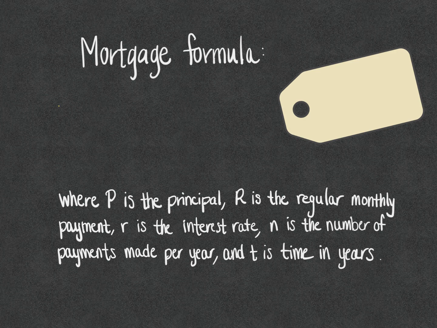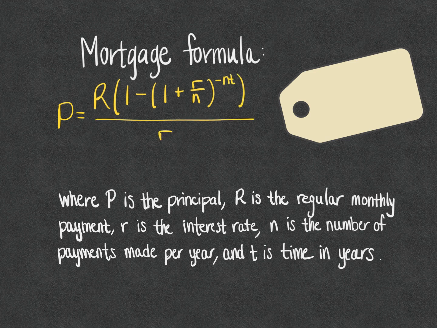So it is the principal, the amount you are borrowing, equals a capital R, which represents the regular monthly payment instead of a W, which represents a withdrawal, but it's the same formula, times 1 minus the quantity 1 plus R over N to the negative NT power, all divided by R over N. Again, R, N, and T represent all of the same quantities that we are used to.